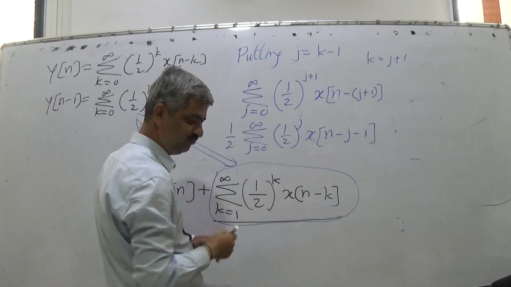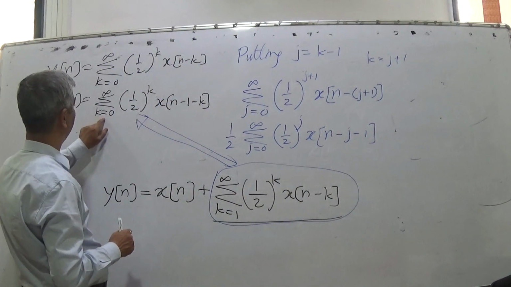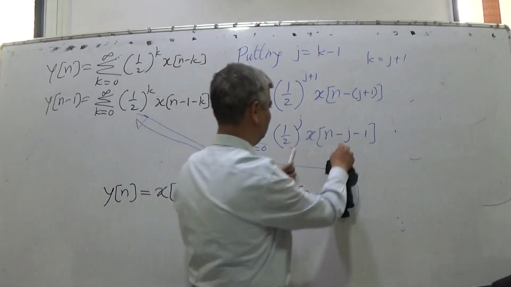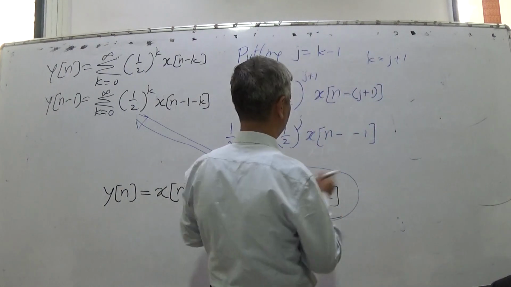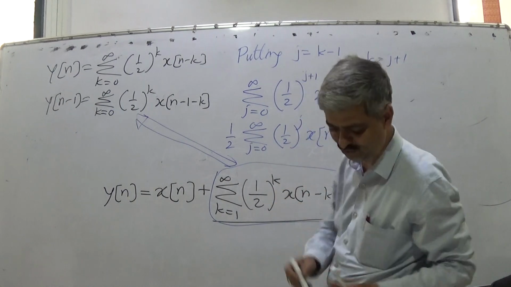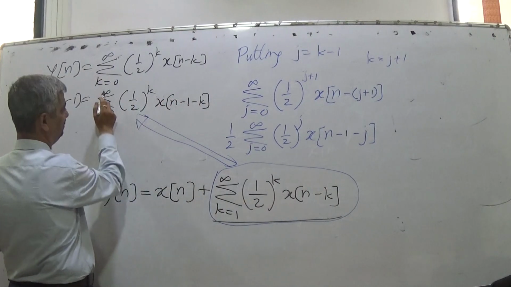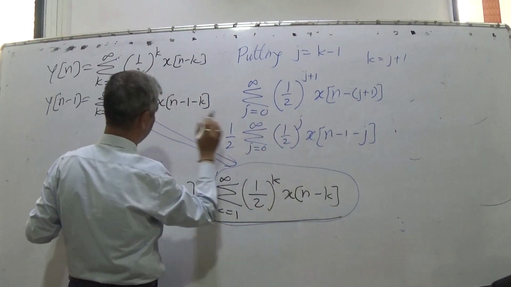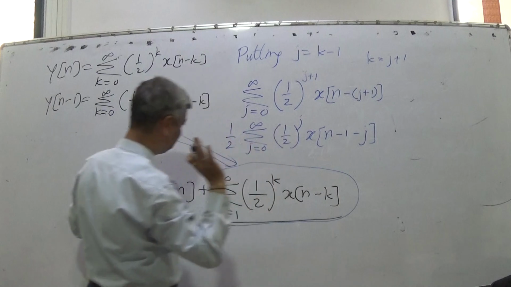Now watch these two closely. What is Y of n minus 1? K equal to 0 to infinity, half raised to k, x of n minus 1 minus k. I can write the other easily as n minus 1 minus j. So now these two are alike: 0 to infinity, half raised to j, same index, x of n minus 1 minus k.